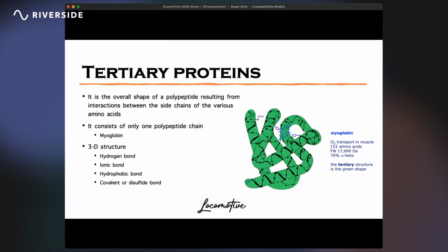And the last one is covalent bonds, known as disulfide bonds, or sometimes disulfide bridges. It's a link between two sulfur atoms, and it's very specific. It's for the cysteine amino acid. It's very important to know that tertiary proteins have only one polypeptide chain. And one of the most important examples is myoglobin.